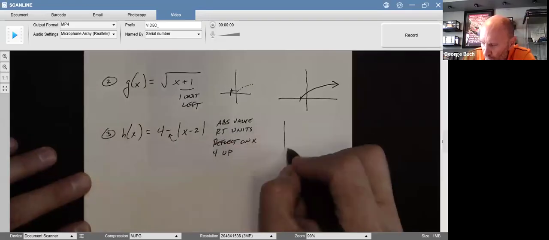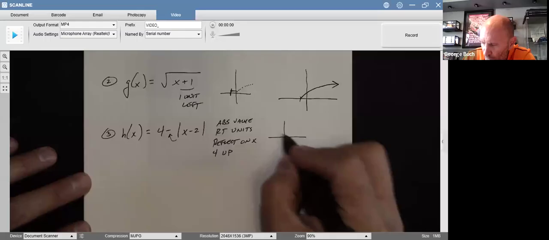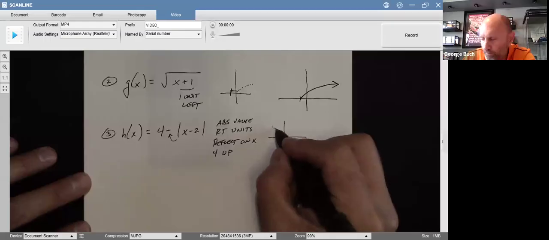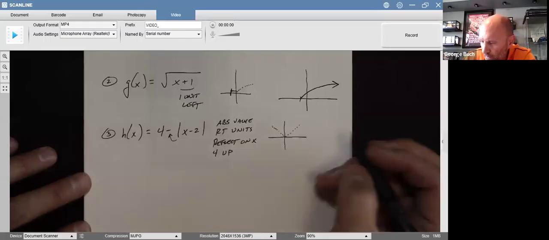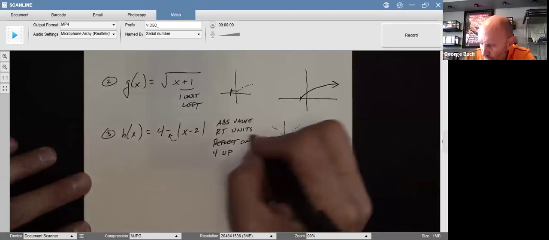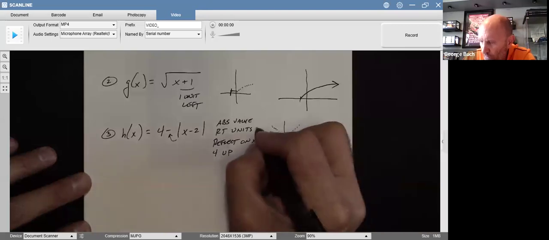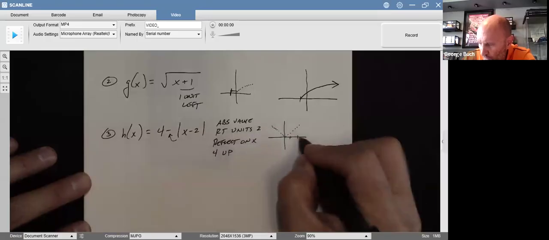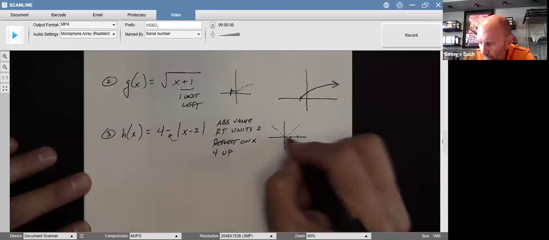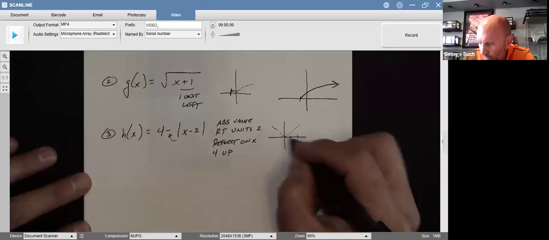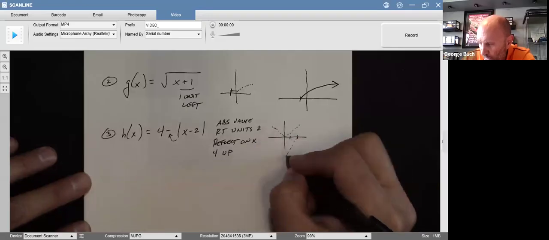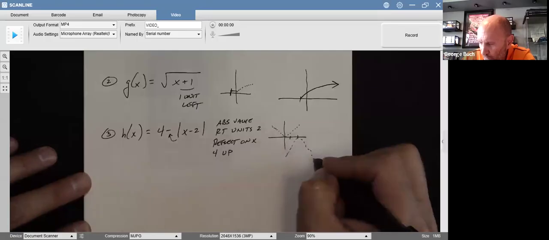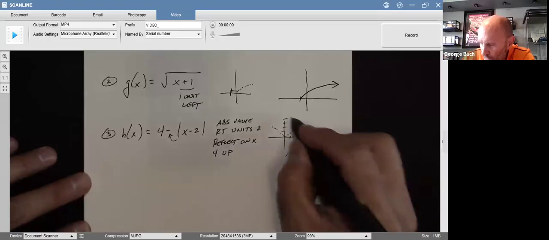So it's this absolute value curve, which looks like a V, right 2 units. I should have written in there, right 2 units. So it's going to move it over 2 units, so now the V moved over this way. Then it reflects on the x-axis, so now it's pointing downward, and then it has to go up 4 units.